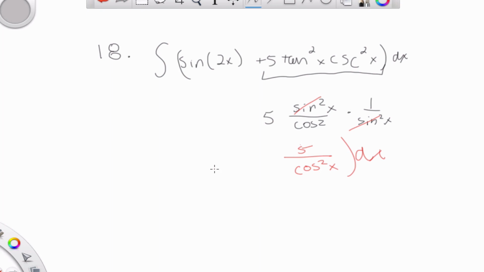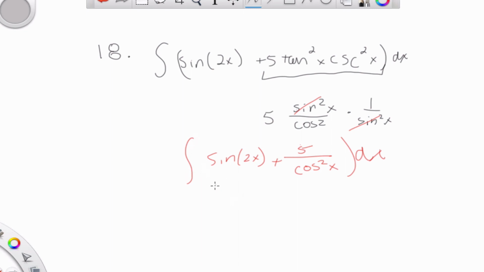I haven't even done any calculus yet. I've just done all trig. So the first part, you could do a couple of different ways. You can use u-du substitution. I'll just explain it very quickly. You're going to have that extra half, an extra 2 really, that you don't have here, so you have to divide by 2.